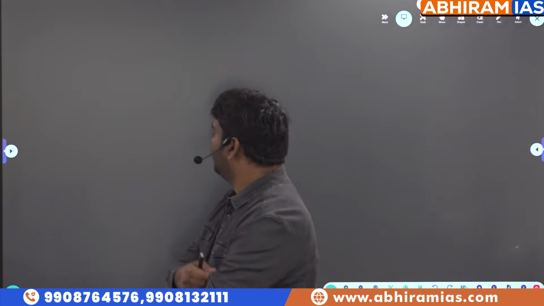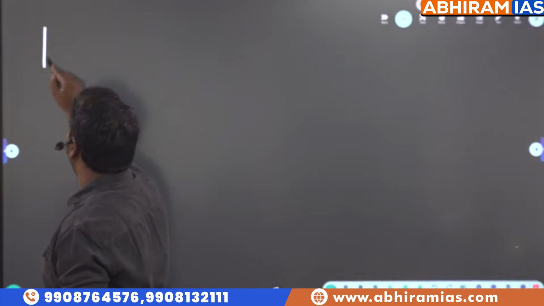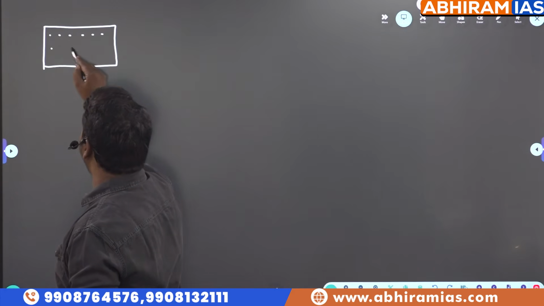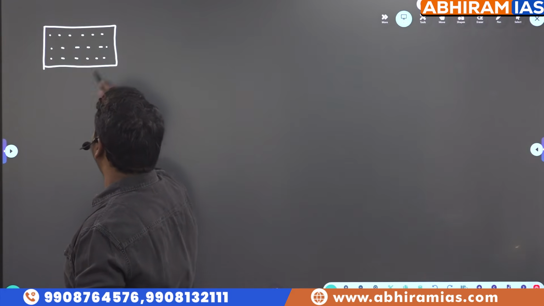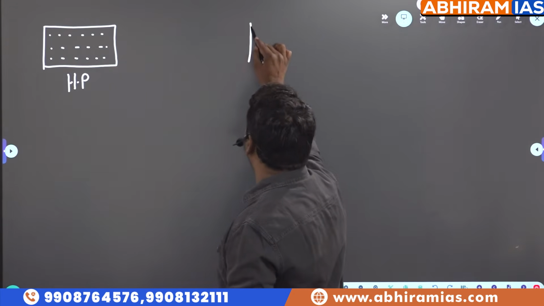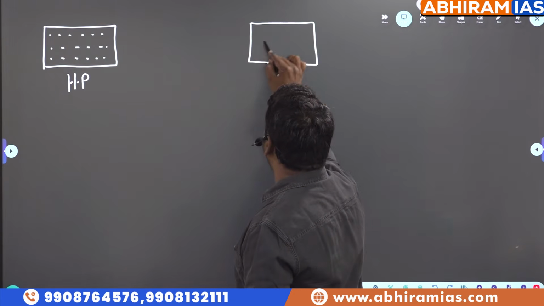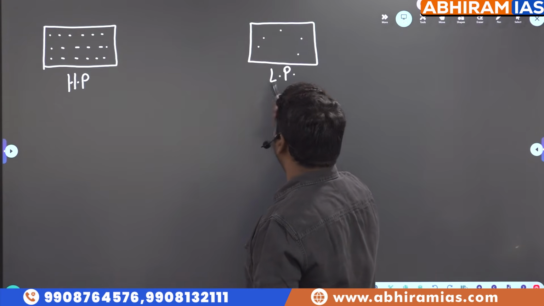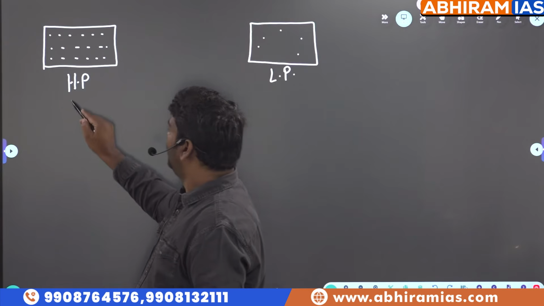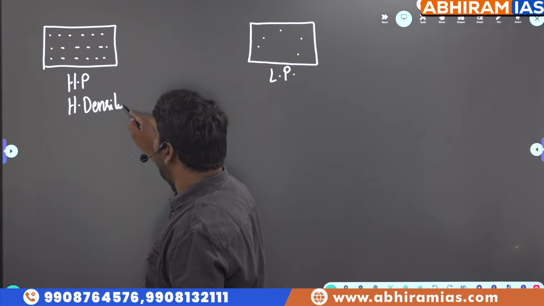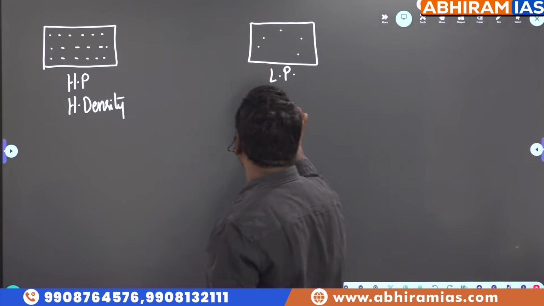Right? First, you see here, if you have more number of air particles, it is high pressure. If you have less number of air particles, it is low pressure. See, high density of particles leads to high pressure.